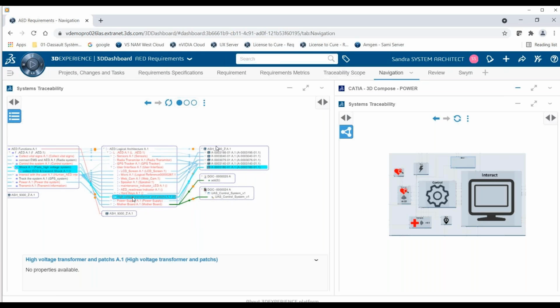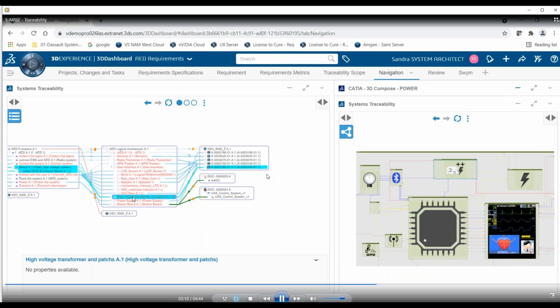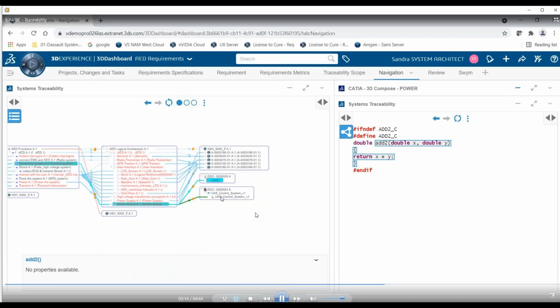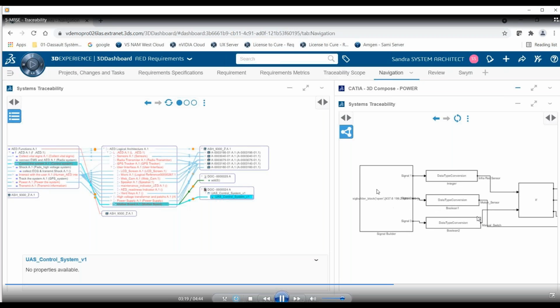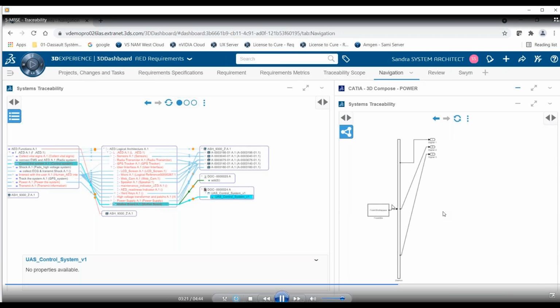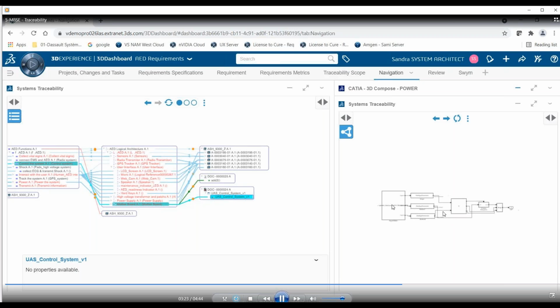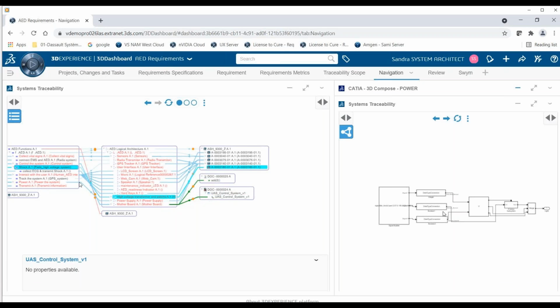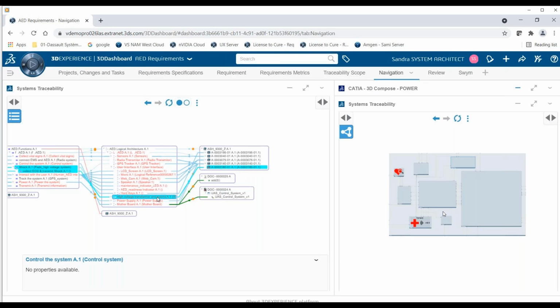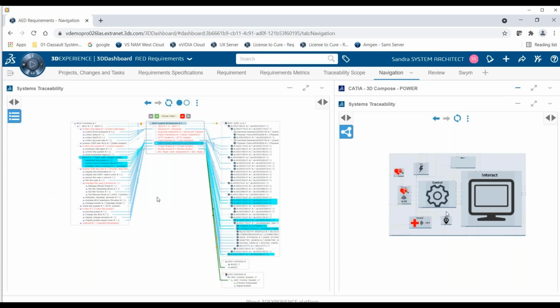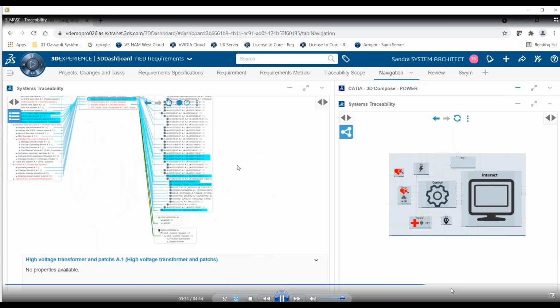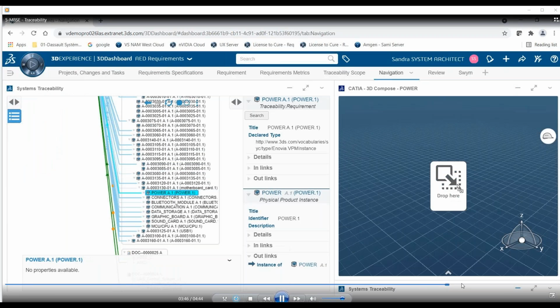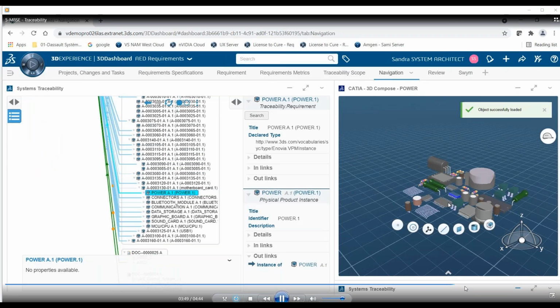So as you see, you can go to documents, you can check, for example, software. If you have all the aspects or the functions in your software, you can go to different types of tools and go to the detail of the tool, what is defined in the tool or the discipline to address those requirements. So all of these are available through the traceability of requirements and the traceability tool.